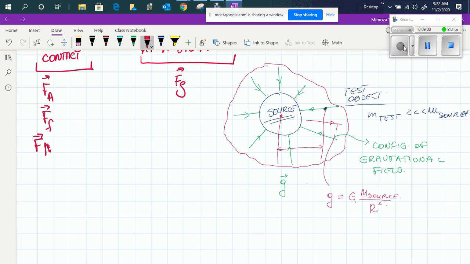the gravitational field strength. Now, the relationship between the magnitude of the gravitational field strength and the distance is something like this, where this one here is the radius of the source, this distance here.